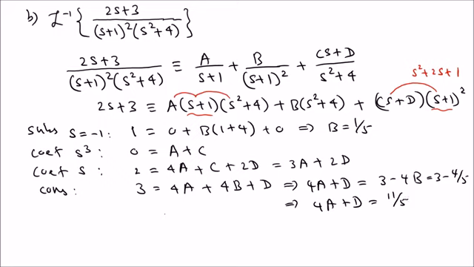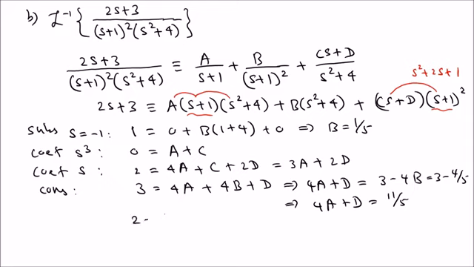Now we can solve the last 2 equations, 3a plus 2d and 4a plus d. You can get a easily, because you can multiply the second one by 2 and then subtract the first one. Again, I'll write the 2 equations here.